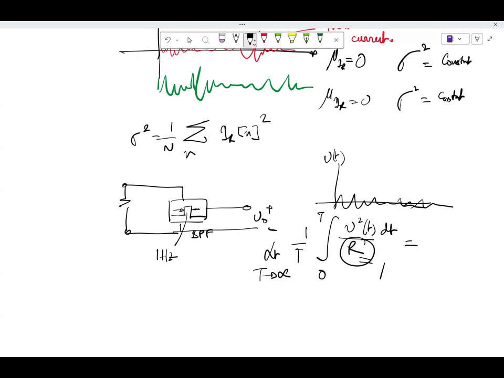I am observing after a band pass filter. Let's say this has some center frequency f naught and a bandwidth of 1 hertz. I do this experiment, I observe this, and I get a value.